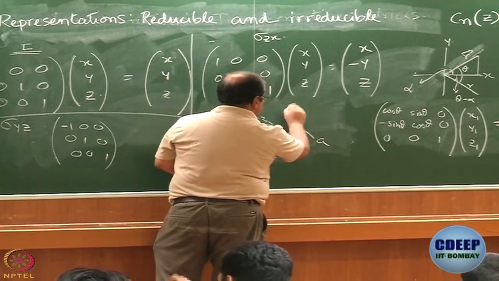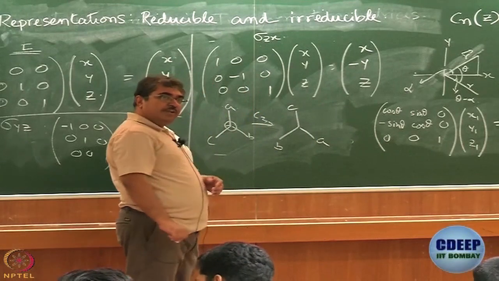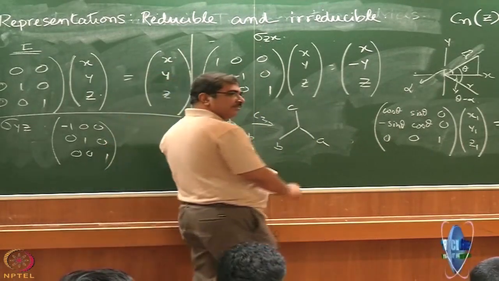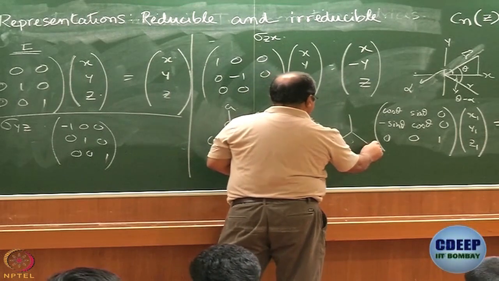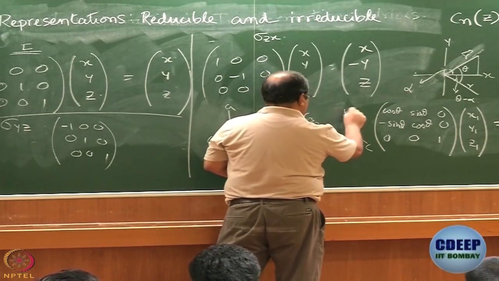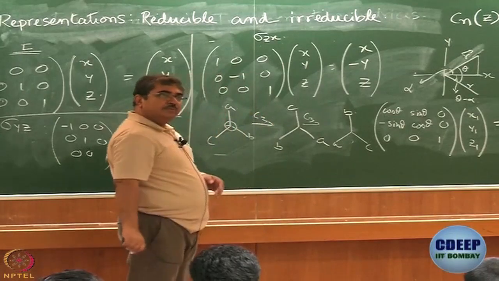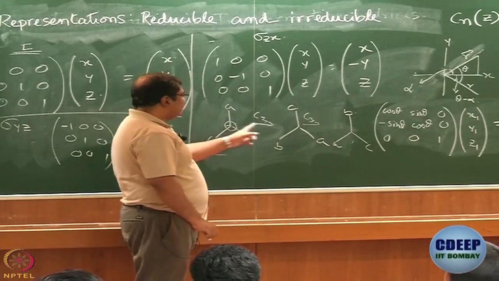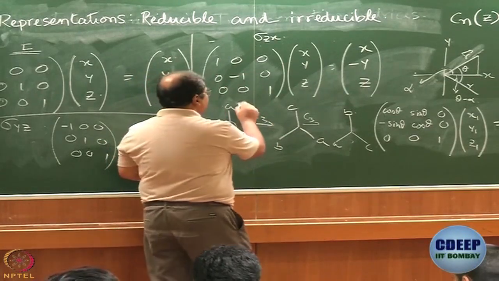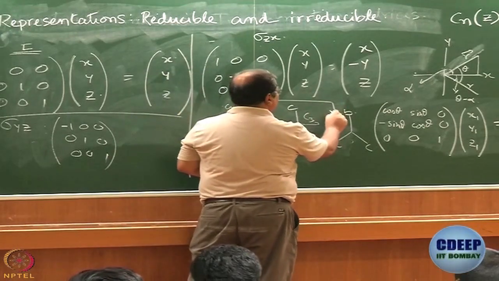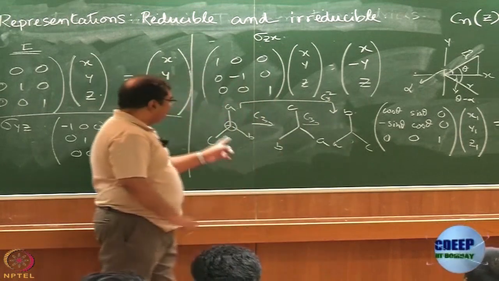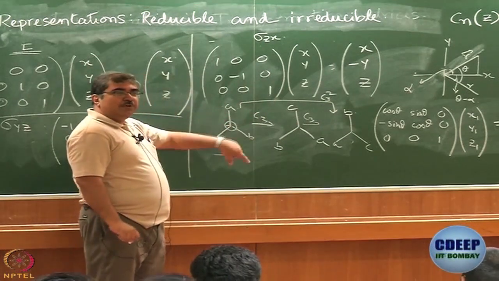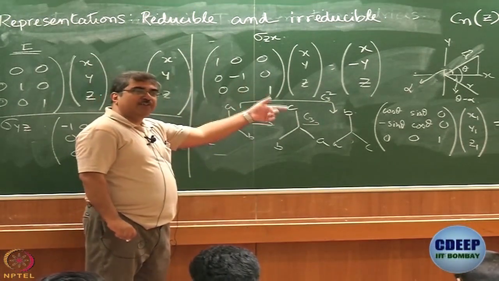A, B, C. I can do it again, another C3. Then C comes here, A comes here, B comes there. So, this first operation is called C3. The second operation, you can think you have gone from here to here directly. This is called C3 square. This is rotation by 120 degrees, then rotation by 240 degrees.